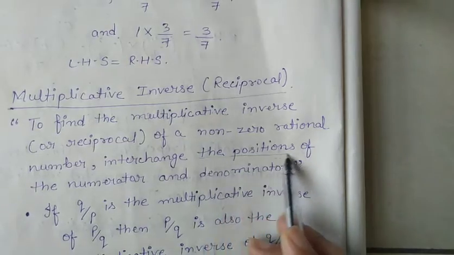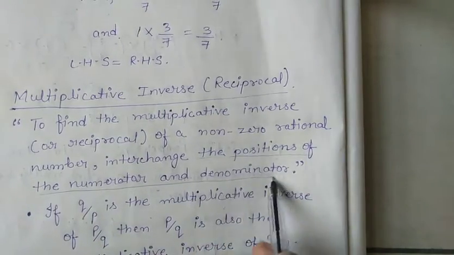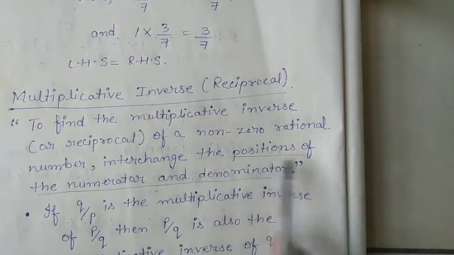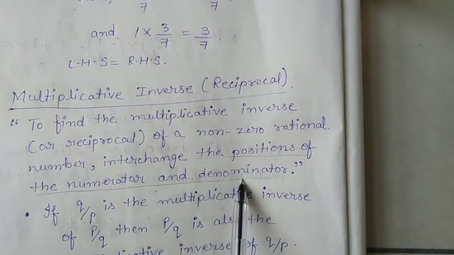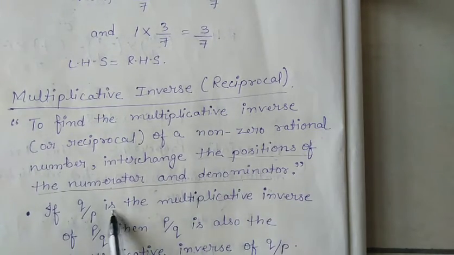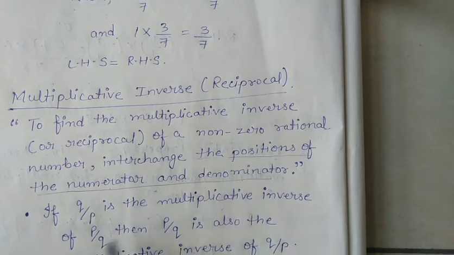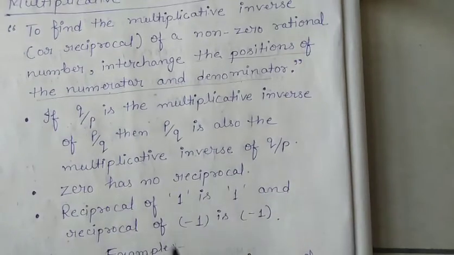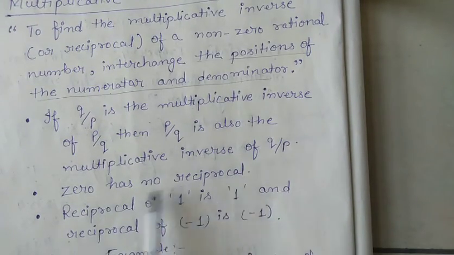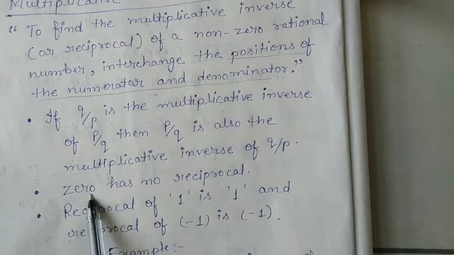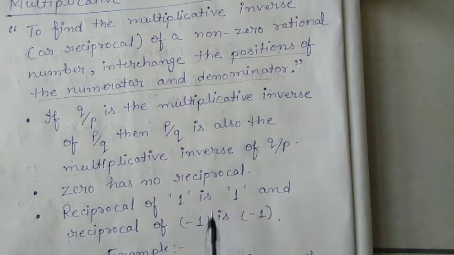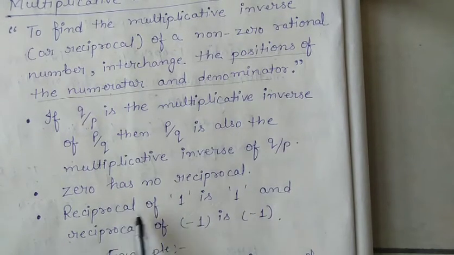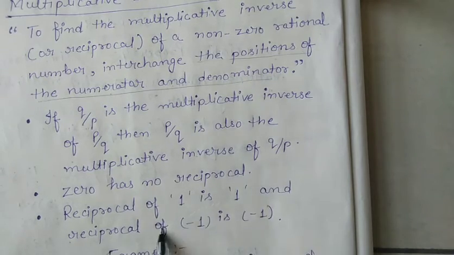The main point here is that we have to change the position of numerator and denominator. If q by p is the multiplicative inverse of p by q, then p by q is also the multiplicative inverse of q by p. 0 has no reciprocal. Reciprocal of 1 is 1 and reciprocal of minus 1 is minus 1.